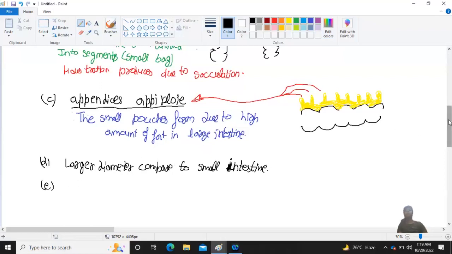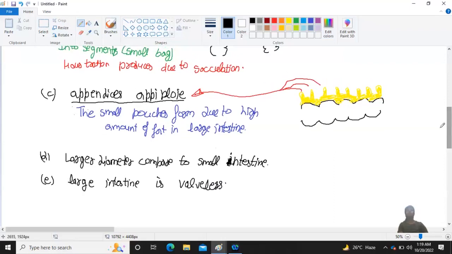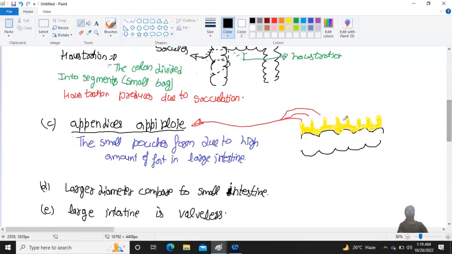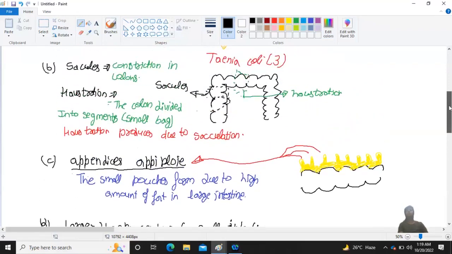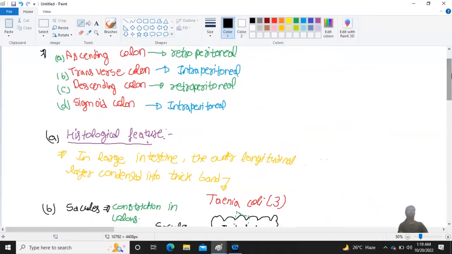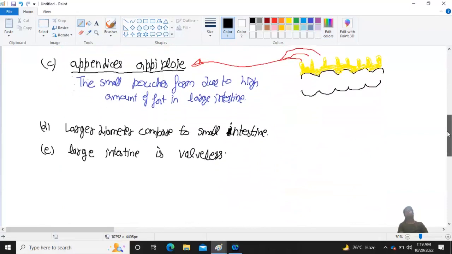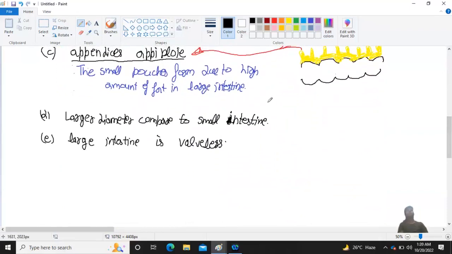Remember, there is no valve present in the large intestine, but the small intestine has valves. So these are some common features of the large intestine. Basically, some parts are retroperitoneal, some are intraperitoneal. Histological features: sacculations, haustrations, appendices epiploicae, larger diameter, valveless. These are some features of the large intestine.